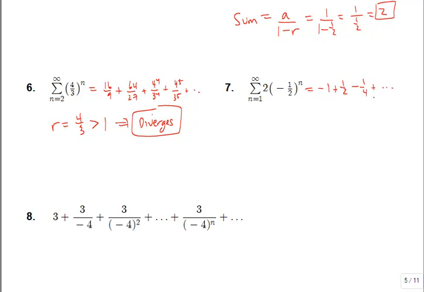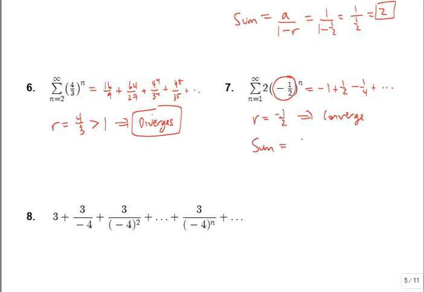So this is going to continue, and what you'll notice here is that we're multiplying each time by this negative 1/2 to get to the next term. So your r is negative 1/2, which is a fraction between 0 and 1 when you take its absolute value. So this is going to converge, which means we can find its sum.